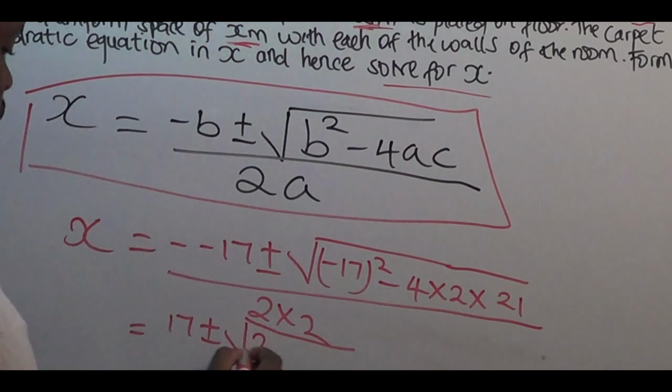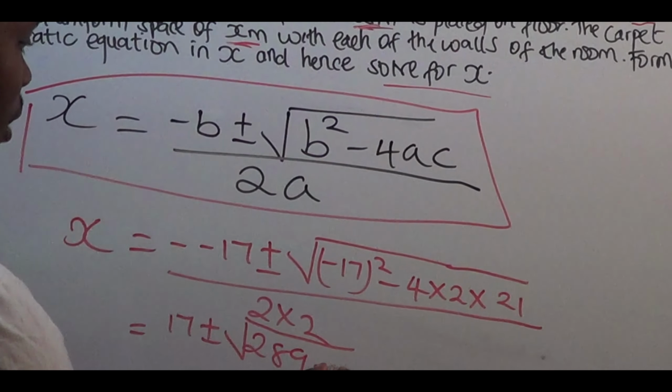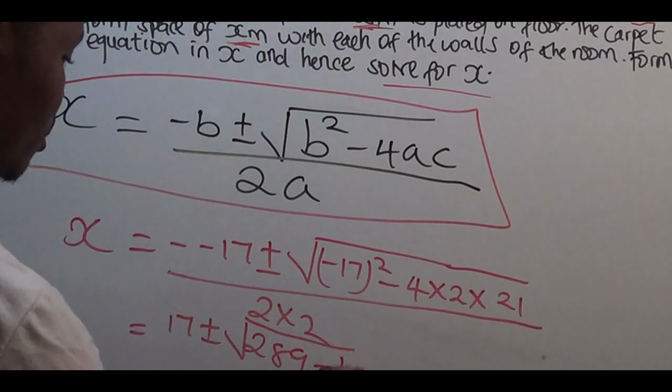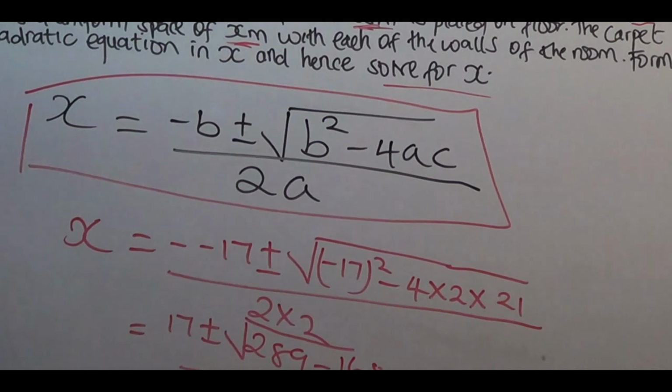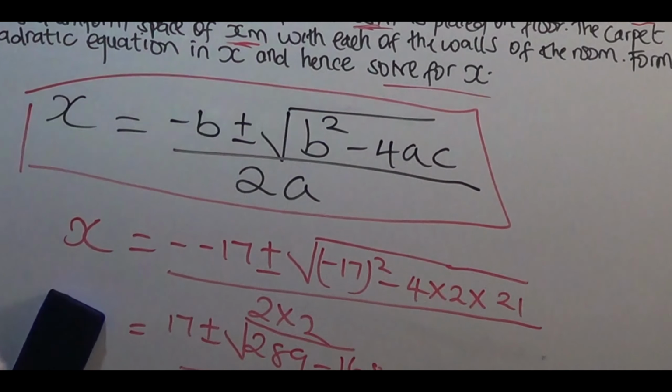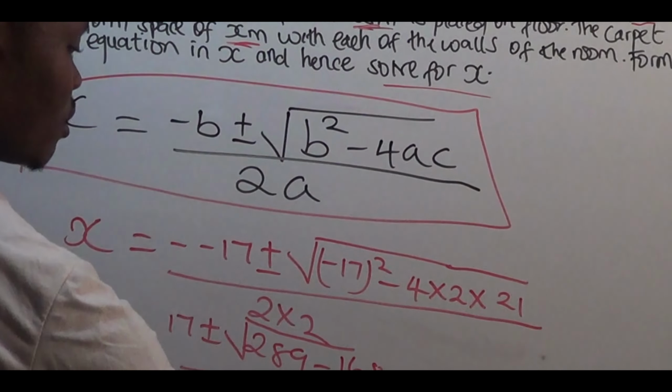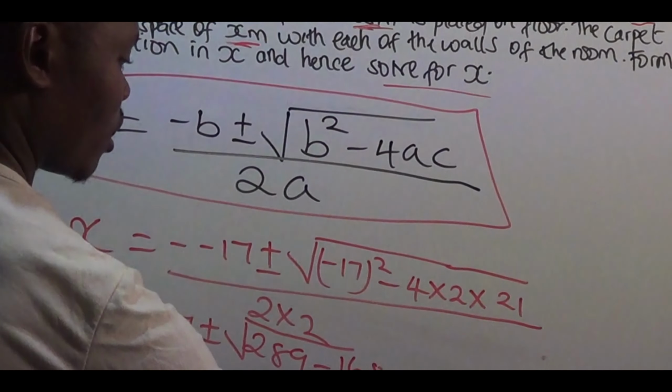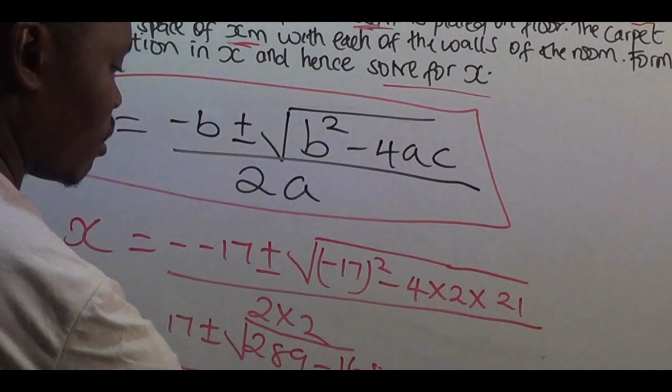We get 289 minus 4 times 2 times 21. We get 168, over 4. So at this point it is going to be 17 plus or minus the square root of 121 over 4.